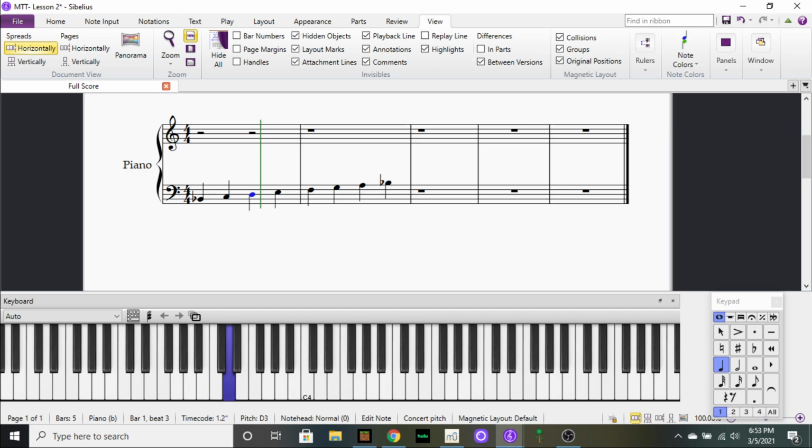And so you have a pattern. Let me put the flat back on this. You have a pattern when going up the scale. E flat to F is another whole step. F to G, a whole step. G to A is another whole step and a half step.